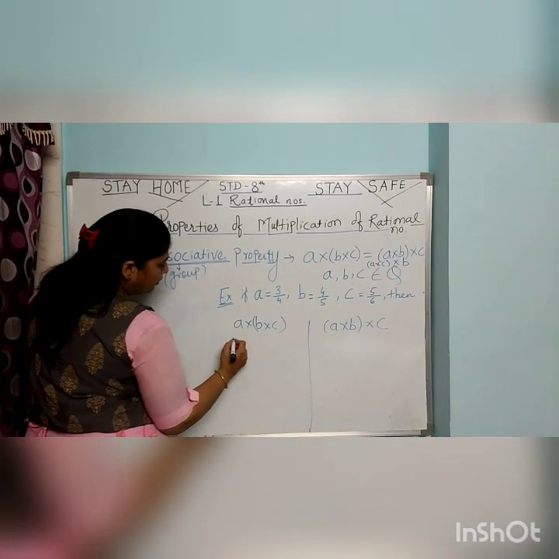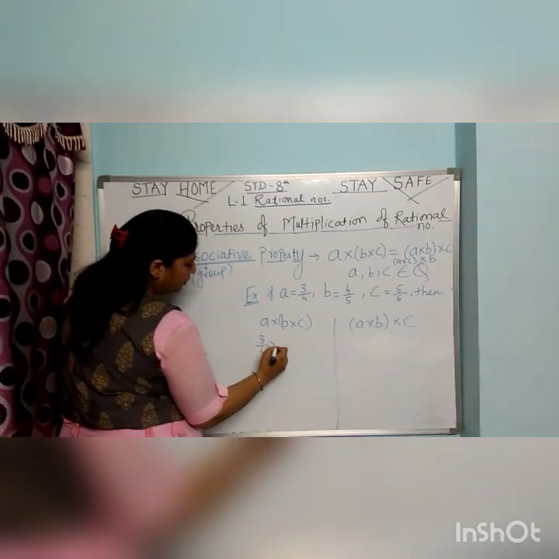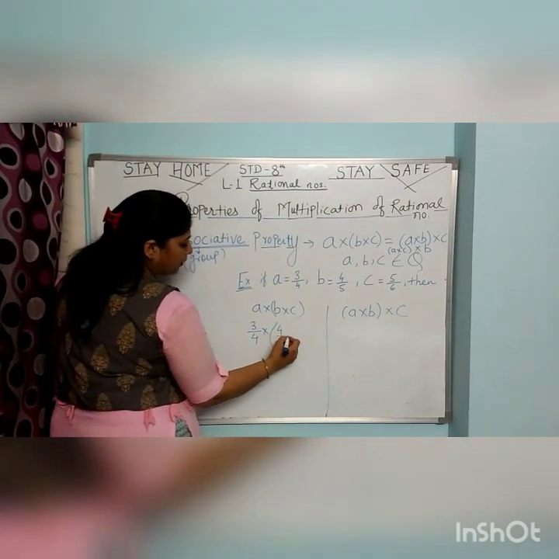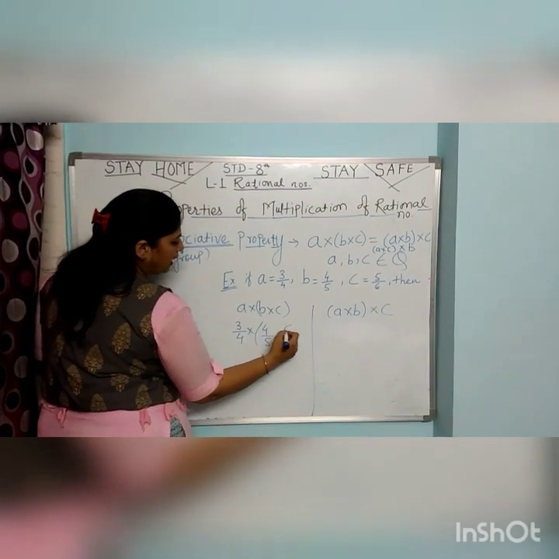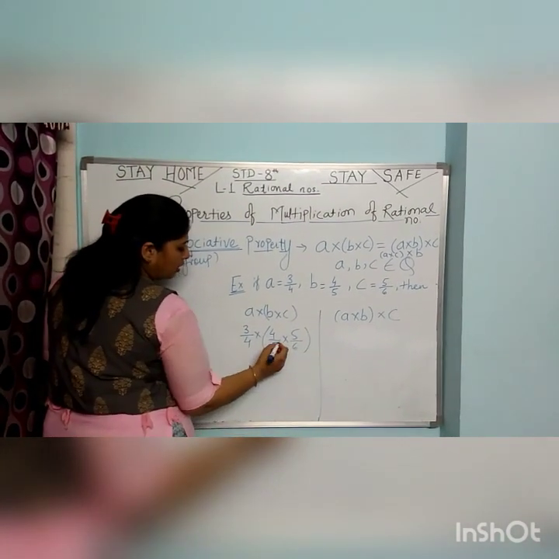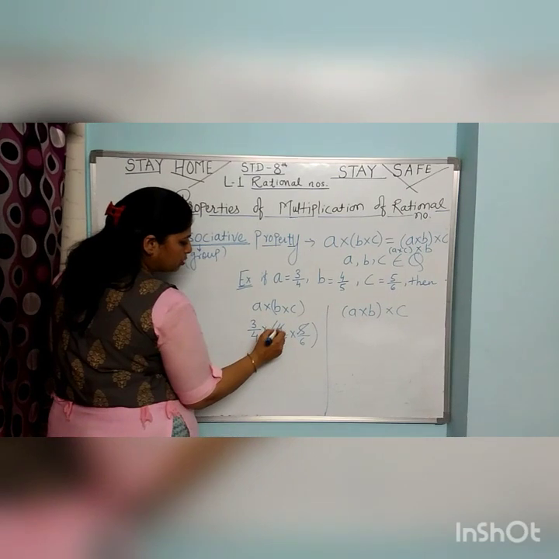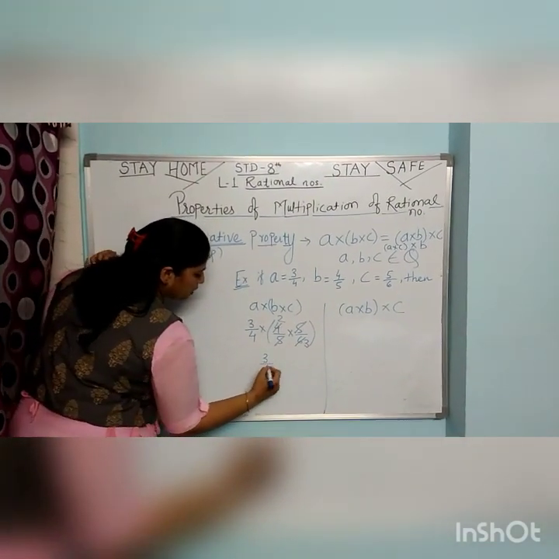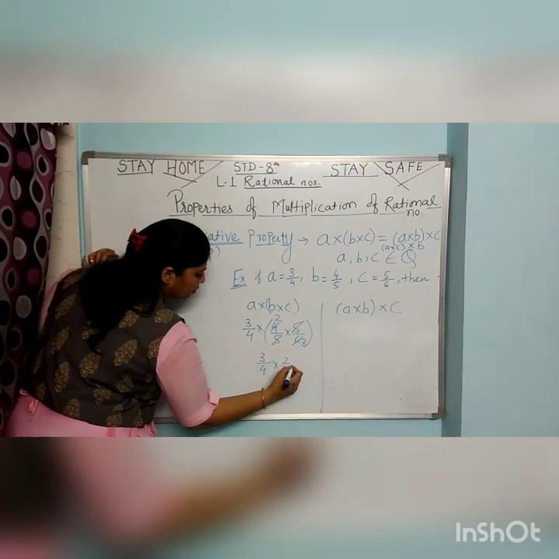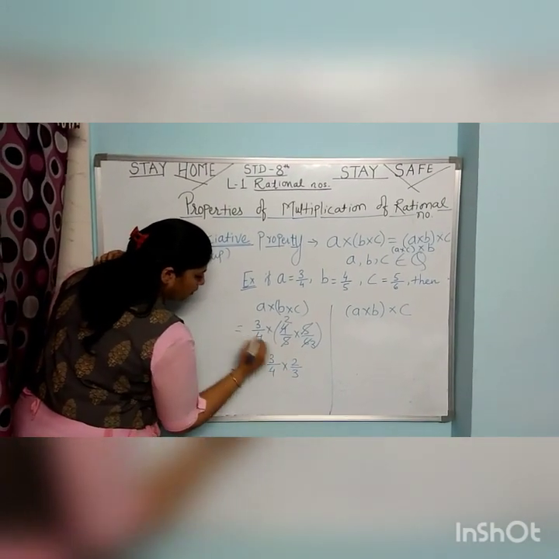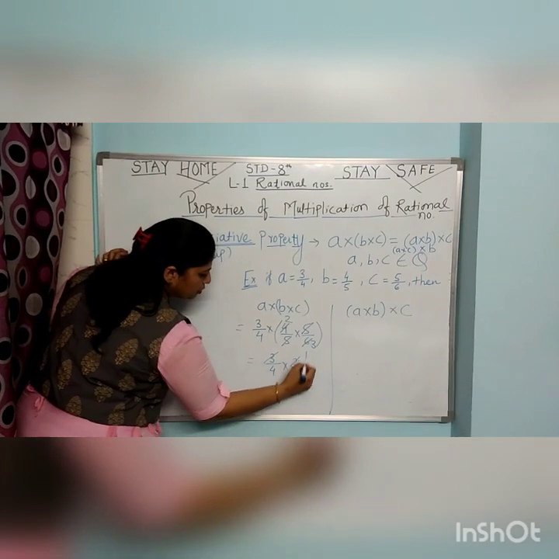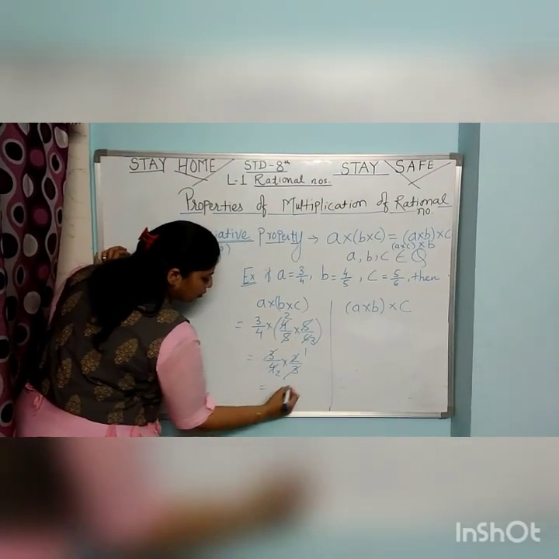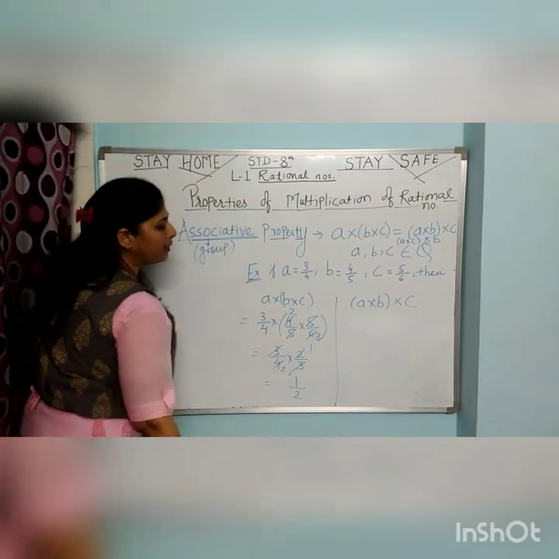Now put the value of A, 3 by 4 multiplied by 4 by 5 multiplied by 5 by 6. 5 will be cancelled out. 2 2s are 4, 2 3s are 6. Now it is 3 by 4 multiplied by 2 by 3. 3 again cancels out. 2 1s are 2, 2 2s are 4. So your left hand side is 1 by 2.